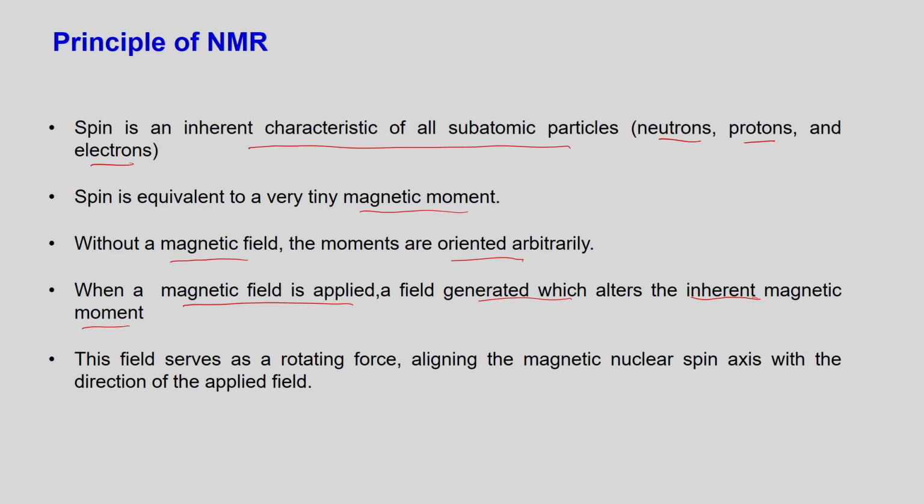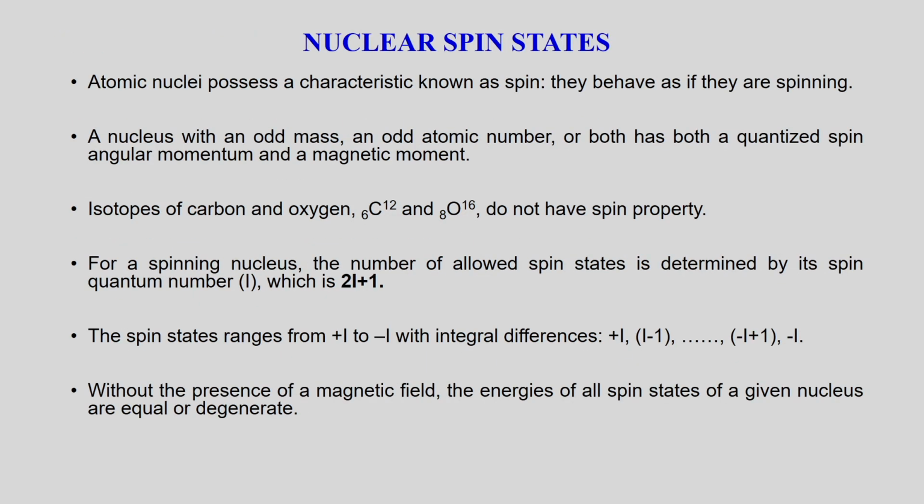We can say the spin of the nuclei or protons will either align with the field or oppose it. This is the premise on which the entire NMR spectroscopy is based. The magnetic field serves as a rotating force, aligning the magnetic nuclear spin axis with the direction of the applied field. So, it may either align or go against the magnetic field.